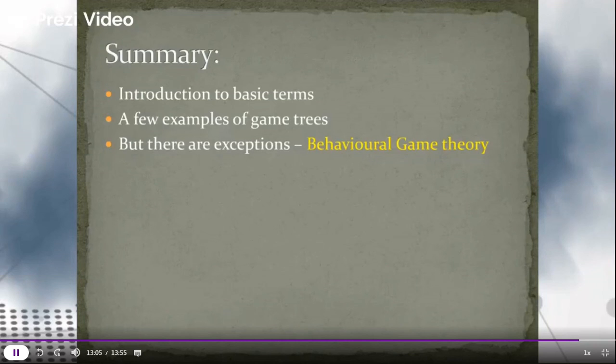They have a bound on their rationality. That's where they coined terms like bounded rationality. So this is a very interesting offshoot. If any one of you is interested, you can pursue this and look at the literature on behavioral game theory. I hope all of you will find it very interesting.